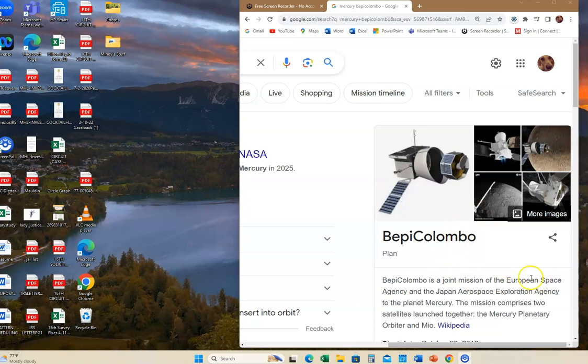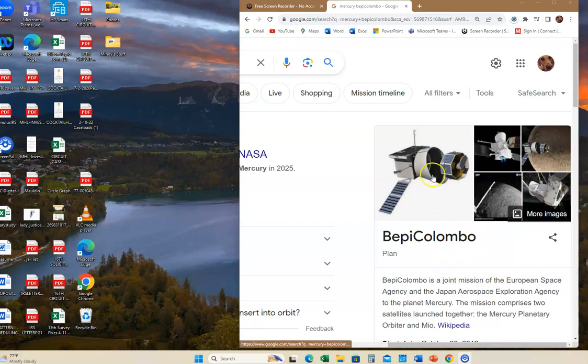This is a combination of the European Space Agency, which is called ESA, and the Japanese Space Agency as well. These two entities were going to send a spacecraft separately, but then they combined.